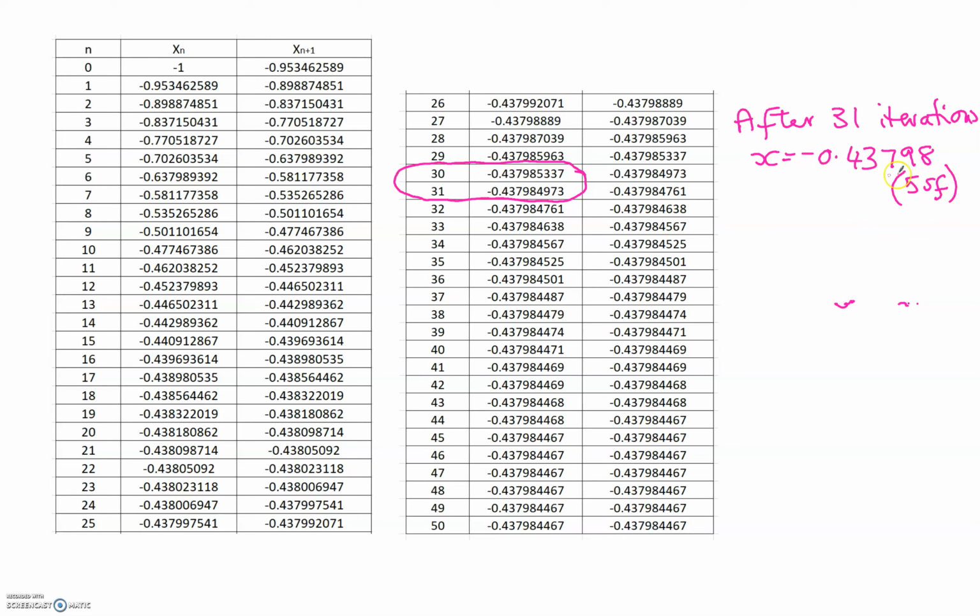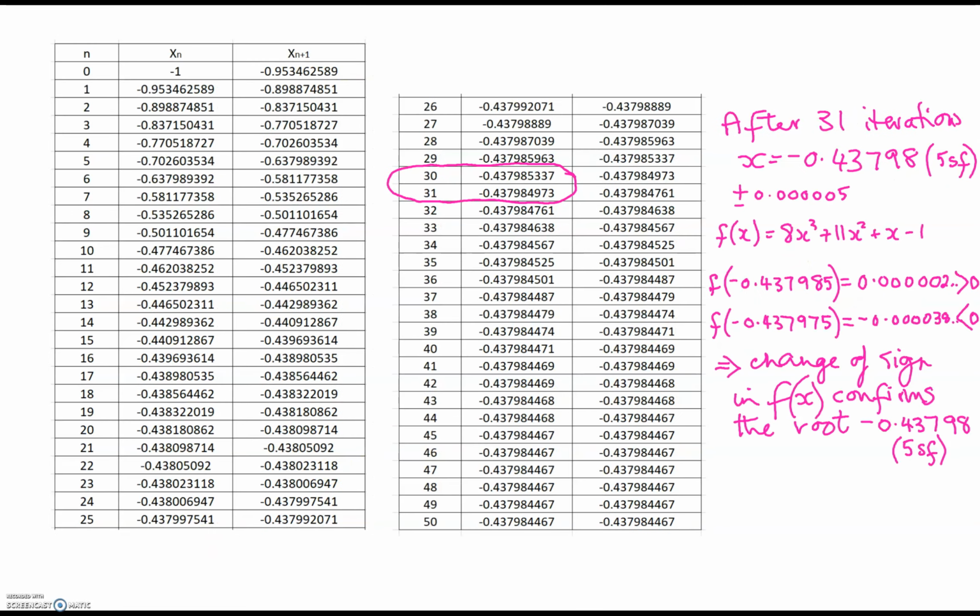Again, I'd like you to pause this video and I'd like you to use error bounds to verify this root. So the error bound is plus or minus 0.000005, and I have substituted the 2 error bounds into f of x and shown, and remember that f of x is our original equation, it's the original expression in the equation of 8x cubed plus 11x squared plus x minus 1, not the rearranged expression.